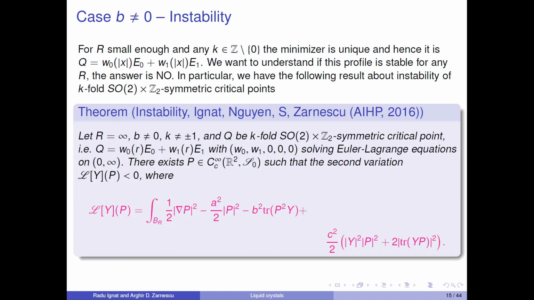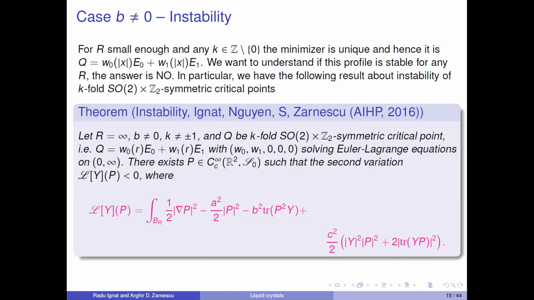So the smaller R, the larger this constant. So this is providing you a better and better control as R is small. So then it will be able to beat this nonlinearity, and overall this will be convex.